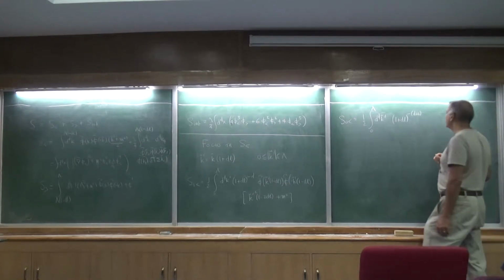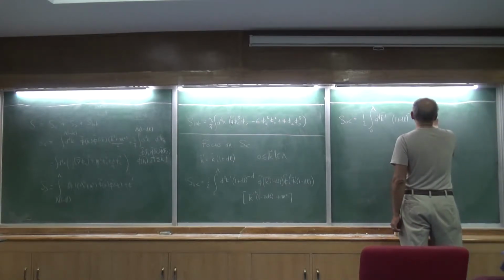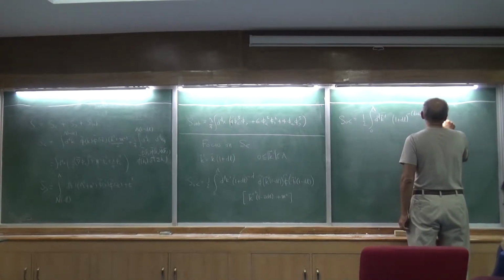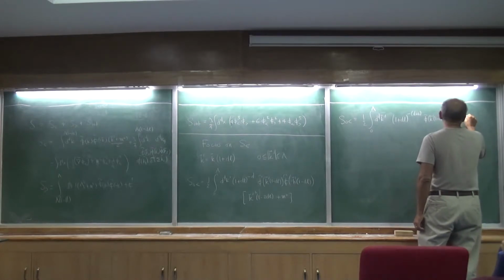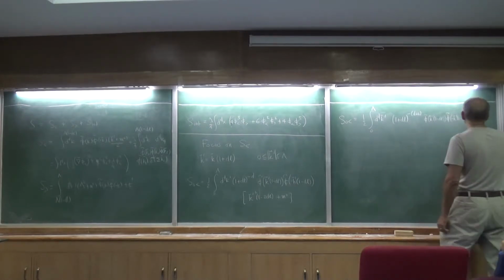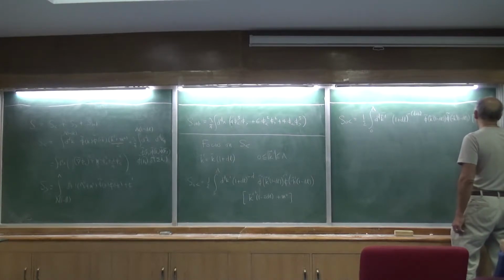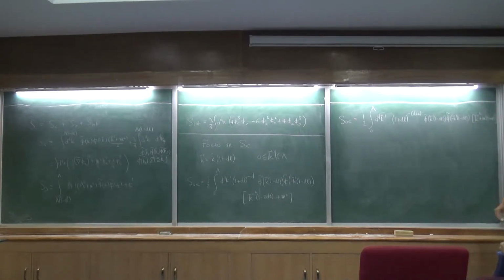And then I have this phi tilde of k prime 1 minus dl, phi tilde minus k prime 1 minus dl, times k prime squared plus m squared 1 plus dl squared. Alright. So now we've got a choice.